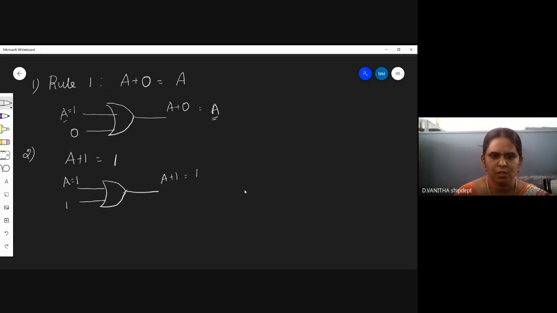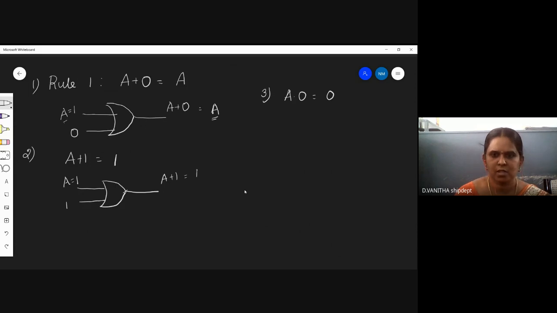So if you are taking A is equal to 0, then instead of A you have to put 0 plus 1 is equal to 1 only. So for any case that value is equal to 1 only. Another thing is the third rule: A into 0 equal to 0 only.